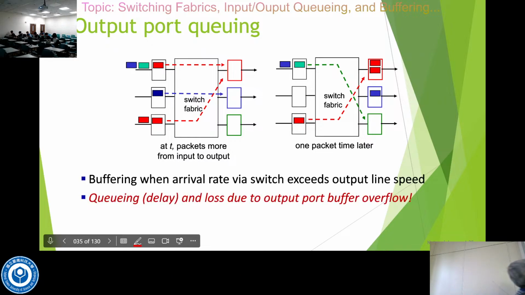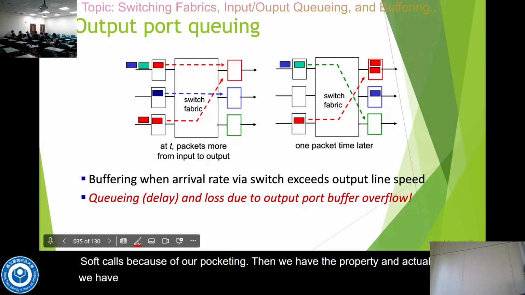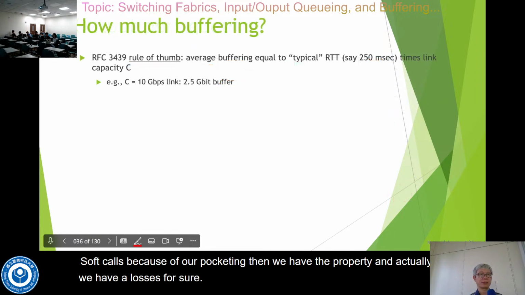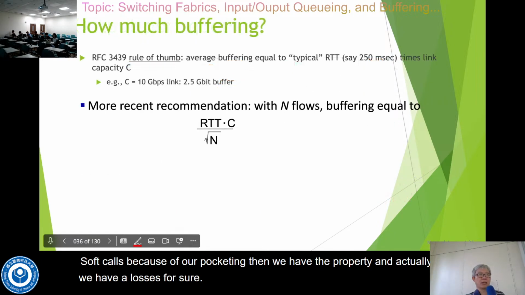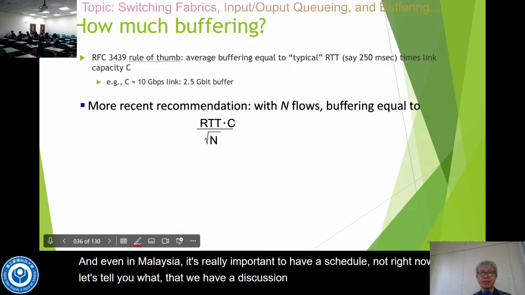Because of output port queuing, we have buffering, and actually we have losses for sure. Even though we mentioned it's really important to have scheduling, not right now. Later, we will have a discussion on scheduling.